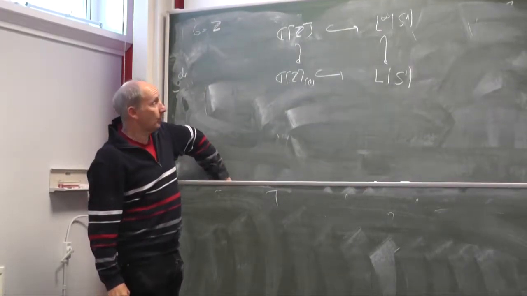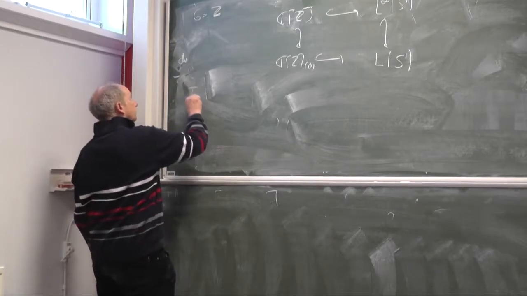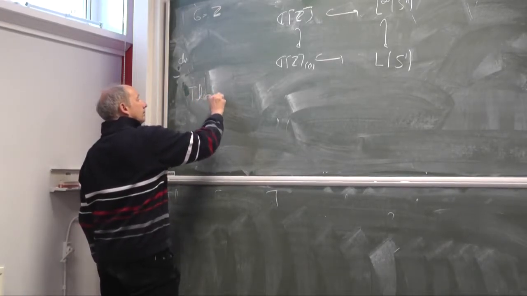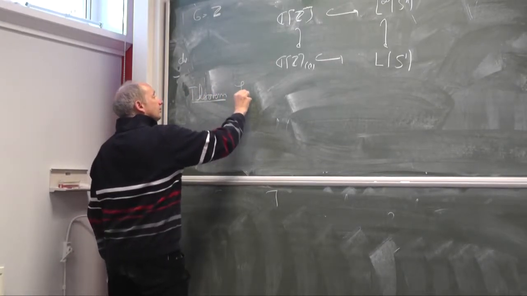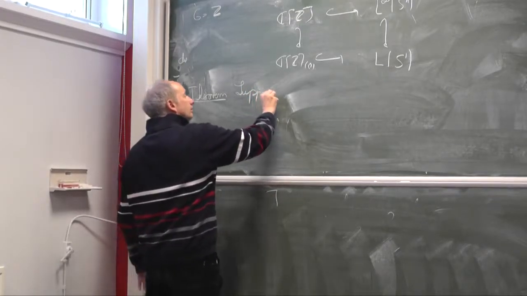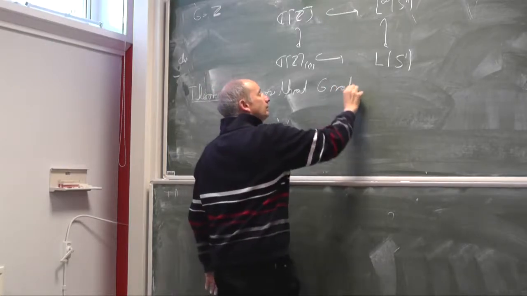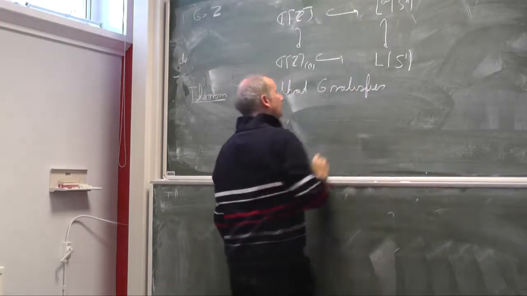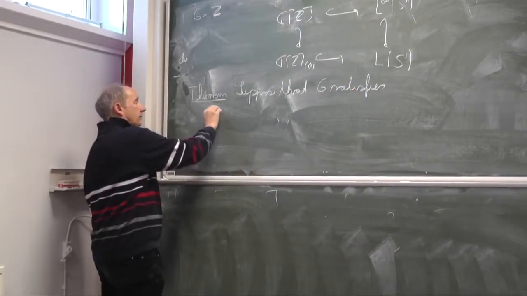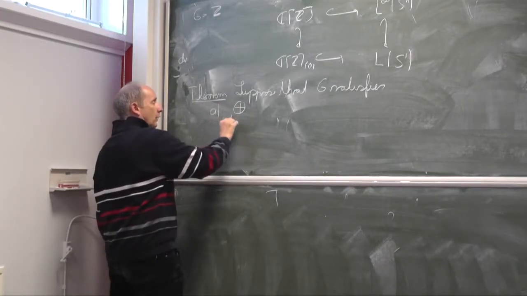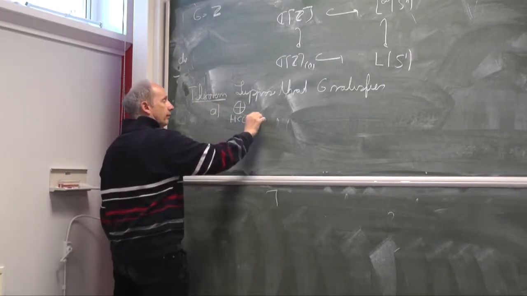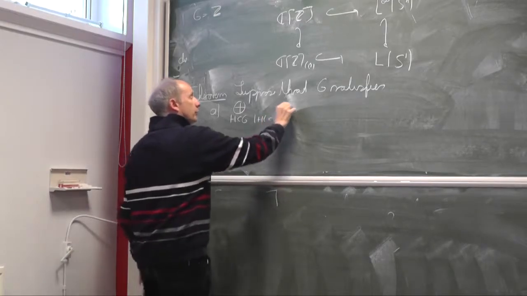Okay, having this, now what's the program? So suppose that G satisfies the following condition. The first one is familiar. We have to have this to be surjective.